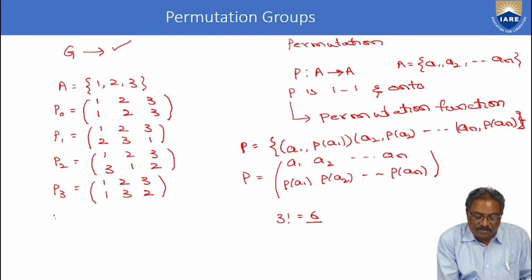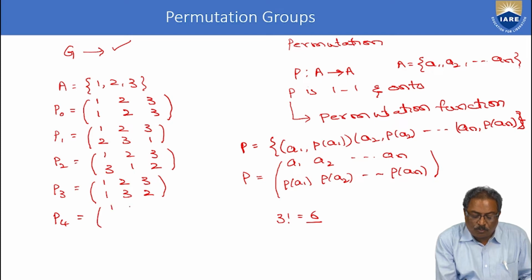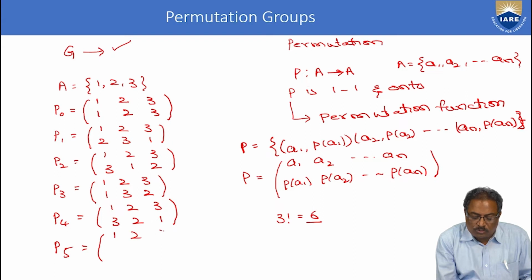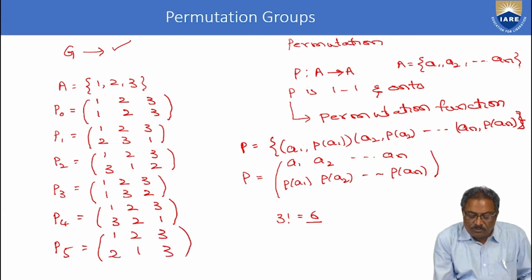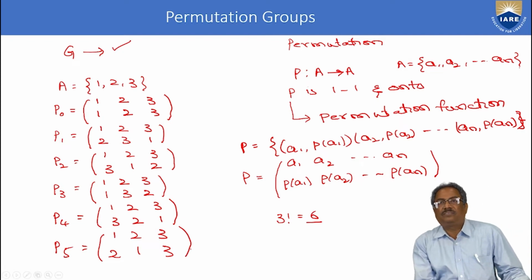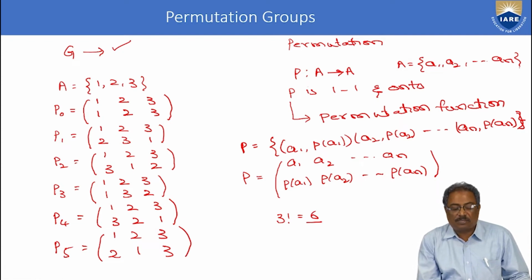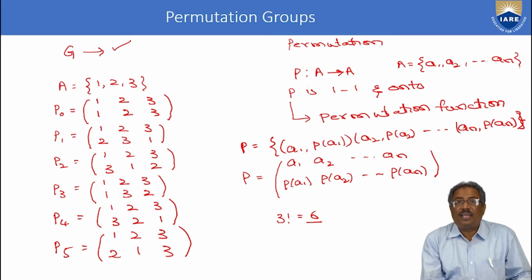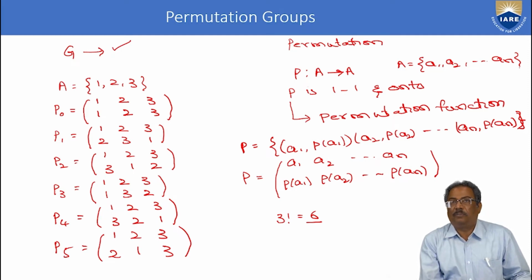P4 is once again 1, 2, 3 with images 3, 2, 1, and P5 is 1, 2, 3 with images 2, 1, 3. So these are all the permutation functions possible if A consists of only 3 elements.